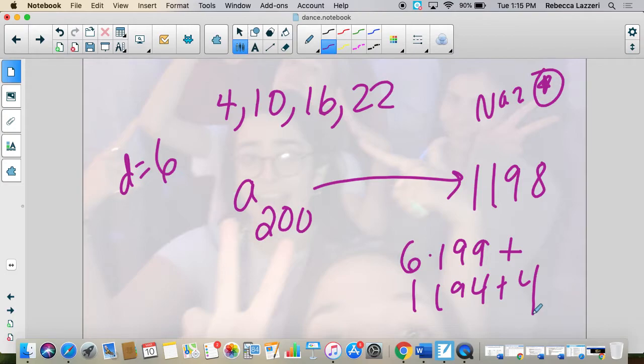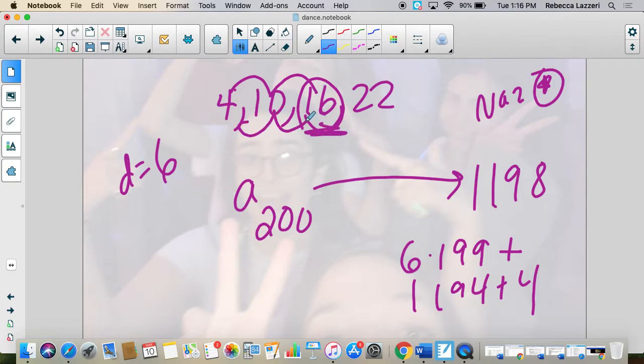I just realized that when you said it, you have to do 199 times 6. Okay, stop. We're gonna talk about what Nazareth just explained to us. How would you get to the second term? Nazareth would start with 4, and she would add 6 once. Nazareth had the luxury of already having the first term, so she didn't need to add 200 more 6s. To get the third term, how many 6s do I add?